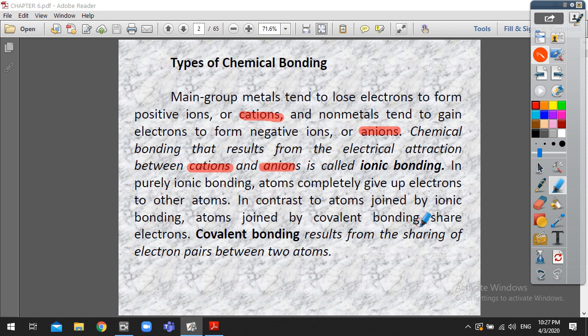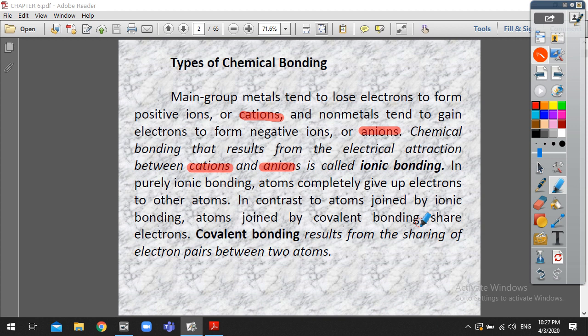So the cation and anion form an ionic compound, and the attraction is called ionic bonding. Let me give you one example: sodium chloride. Sodium loses an electron and becomes Na+, and chlorine gains the electron and becomes Cl-. Na+ and Cl- attract each other, and they form ionic bonding.